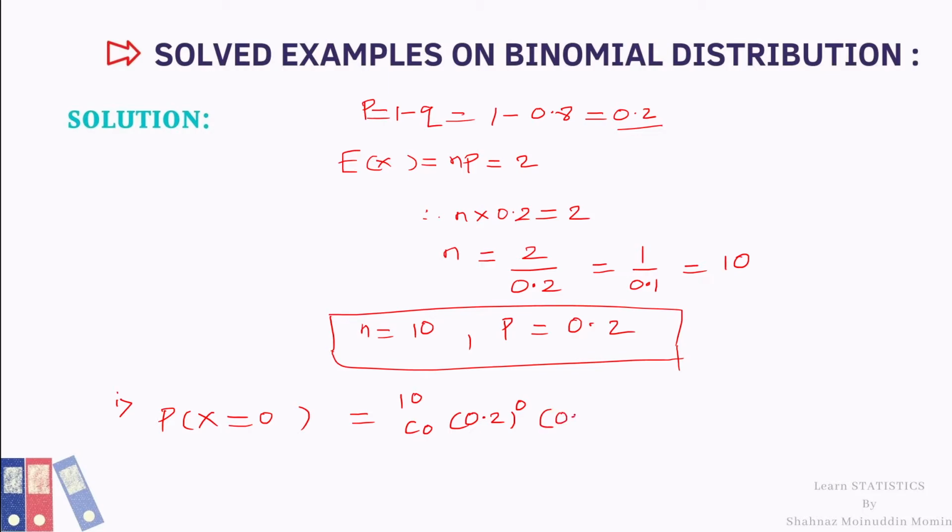So it is 0.8 raised to 10 minus 0, which is equal to 10C0 is 1, 0.2 raised to 0 is 1, multiplied by 0.8 raised to 10, and that is 0.107374. This is the probability of x equal to 0.